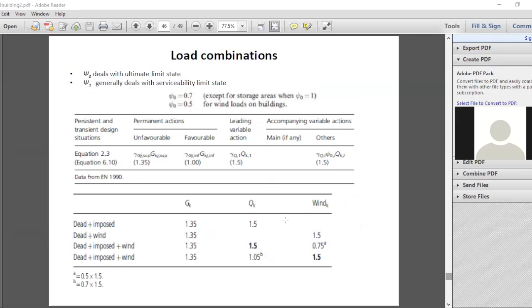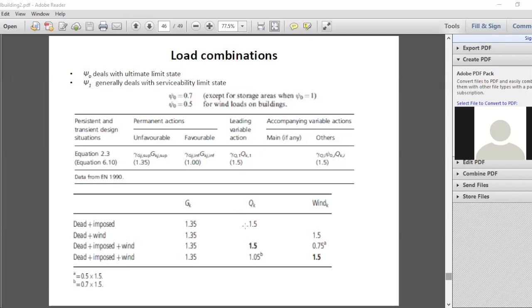And if you look at the load combinations, in Eurocode, for dead loads, to relate it to the ultimate loads, we use a factor of 1.35. And for live loads, we use a factor of 1.5.